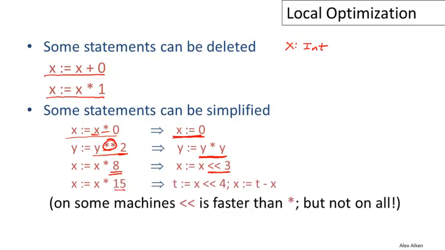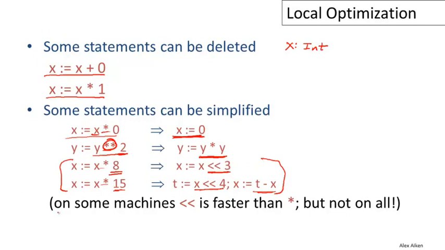A multiplication by some other number that's not a power of 2 can be replaced by some combination of shifting and simpler arithmetic operations. Now, these last two are interesting transformations. On modern machines, generally this will not result in any kind of speed up because the integer multiply operation is just as fast as any other single instruction. On historical machines, these were actually significant optimizations.